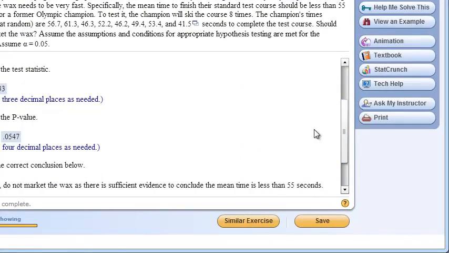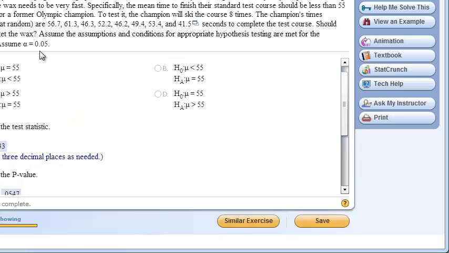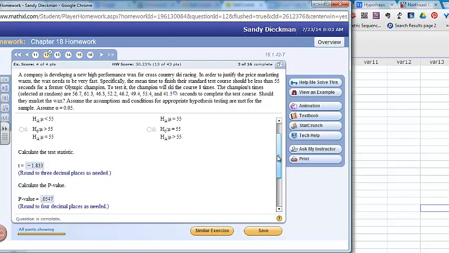Because my p-value is 0.0547 and my significance level is 0.05, since my p-value is greater than my significance level, I am not going to reject the null hypothesis.